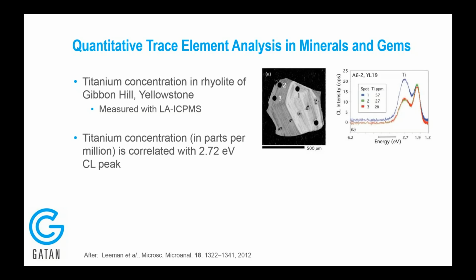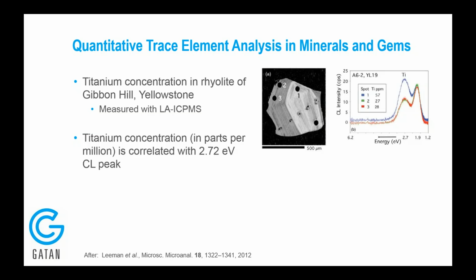However, when we look at the CL spectrum, you can see that the emission spectrum at these points is not the same. What you actually observe is that the emission that occurs at an energy of 2.7 eV, so wavelength and energy are interchangeable, is directly associated with the titanium concentration, whereas the other peaks are not.